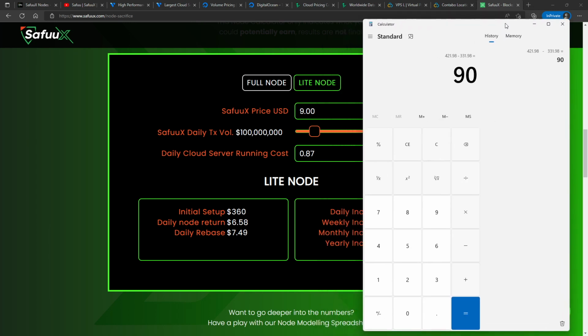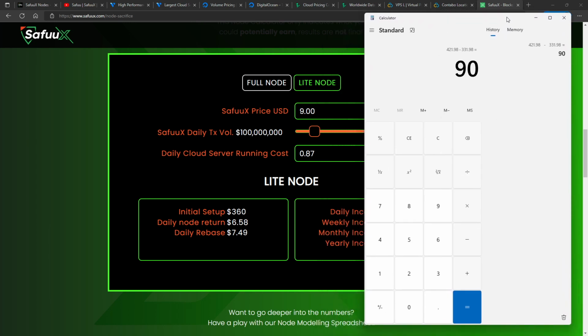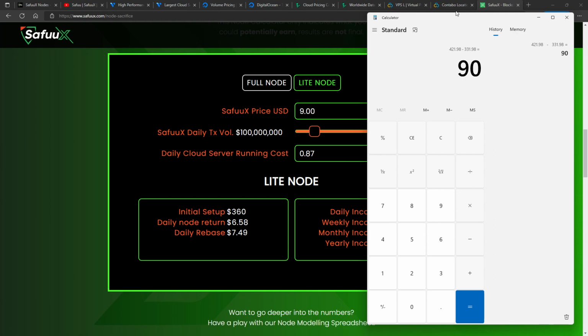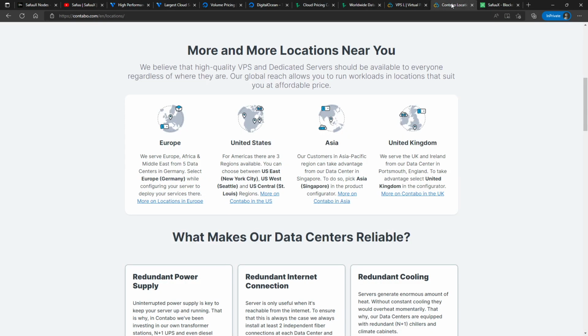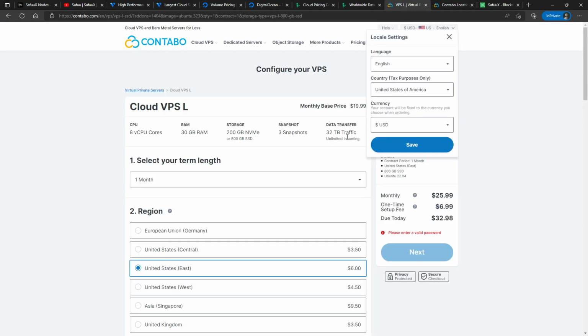So it's a difference of $90 that you would be making in your pocket if you went for the cheapest option, which is this one here.